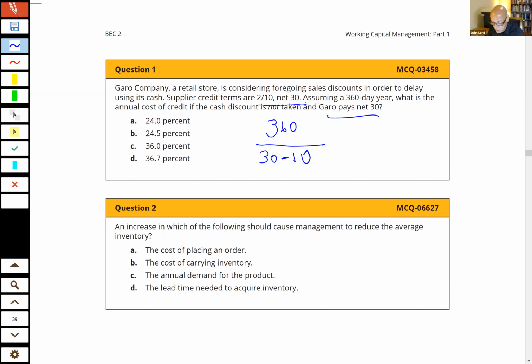So we have to take the 10 off of that, and then we deal with the discount portion, the 2%, and then that's divided by 1 minus the discount, which is the 2%. You do the math on that, and that's how you got this 36.7%.